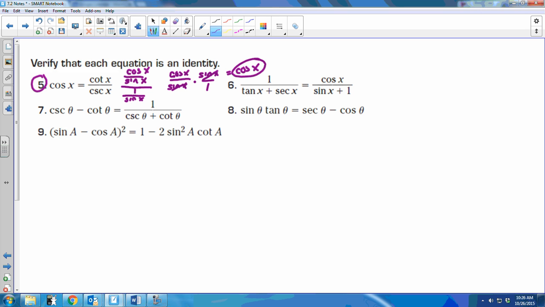Then you would multiply by the reciprocal, so you have cosine over sine x times sine x over 1. And the sine x is canceled out, and you're left with cosine, which is what you wanted on the left-hand side. You did something like that in learning target 3.